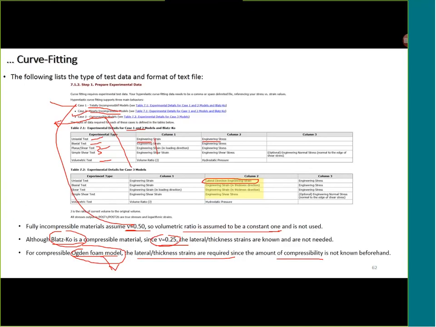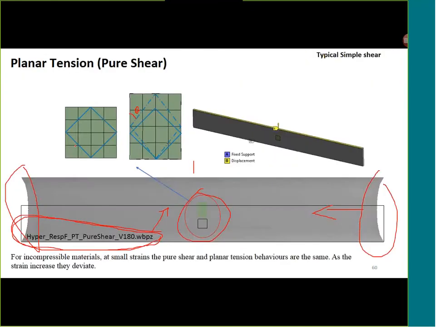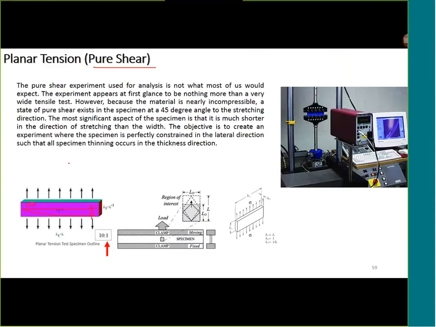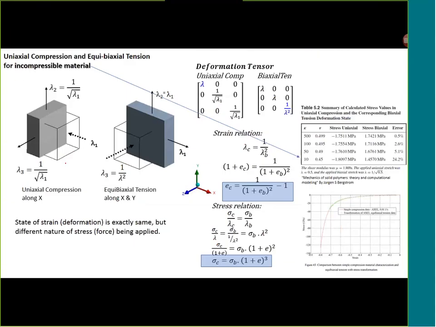Though we are saying we need 6 different types of test data, when the material is assumed as purely incompressible, there are some relationships that exist between 2 different deformation modes. Say for example, consider this is the uniaxial compression. It is compressed by lambda 1.